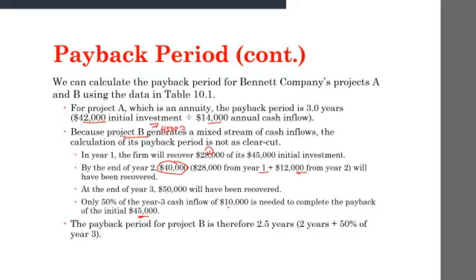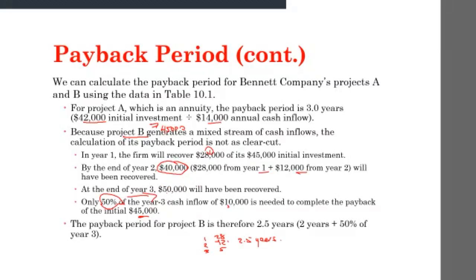But we don't need 50, we just need 45. So we're only taking 50% from year three. So the payback period for Project B would be 2.5 years: 28 from year 1, 12 from year 2, and then we're taking 5 from year 3, right? So it's 2.5 years.